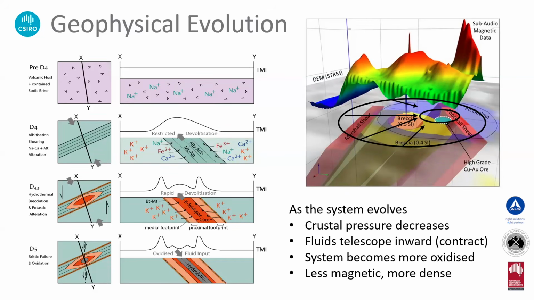As we progress, the shear is rotating around. We're getting cooler. We're getting less ductile, more brittle. The system is telescoping in. We're getting K feldspar brecciation in the core of the system. And that's giving you a subtle magnetic anomaly.